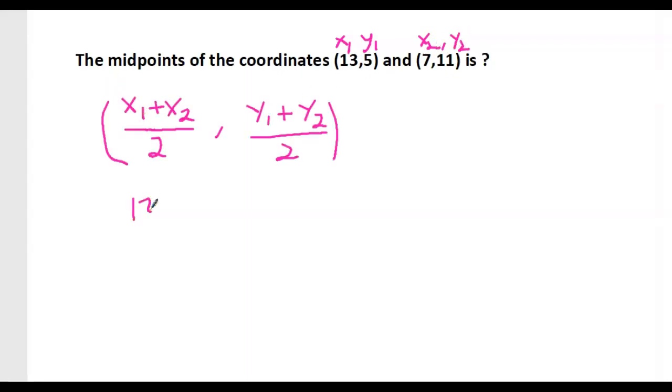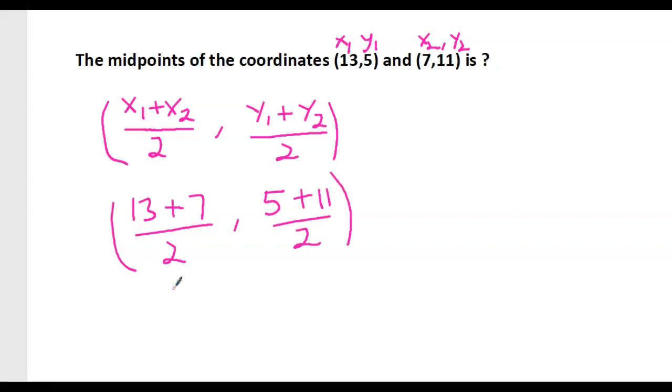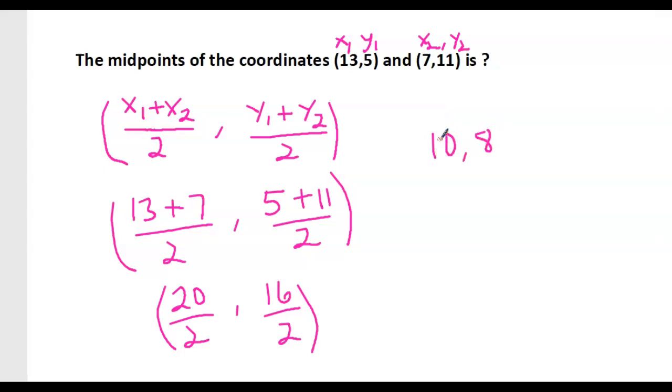So we have 13 plus 7 over 2, and 5 plus 11 over 2. 13 plus 7 gives us 20 over 2, and 5 plus 11 gives us 16 over 2. 20 divided by 2 gives us 10, and 16 divided by 2 gives us 8. So the point is (10, 8). It is easy with the formula, and we can go really quick. But if you still struggle, you can plot it on the graph and then get halfway.